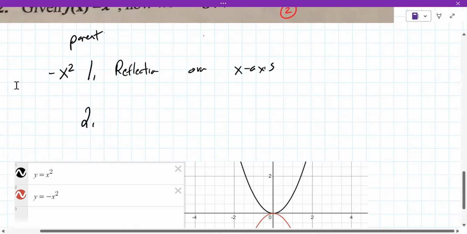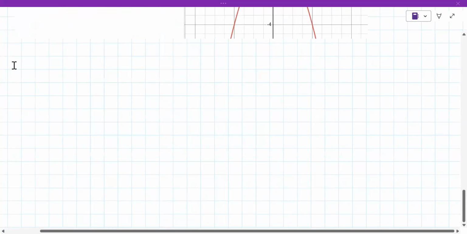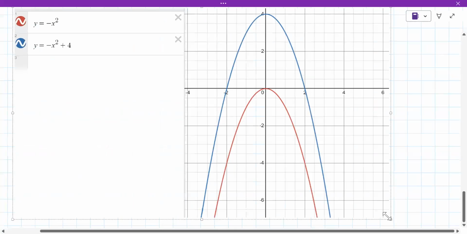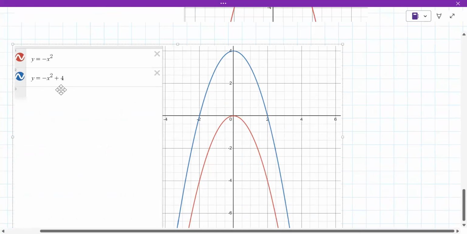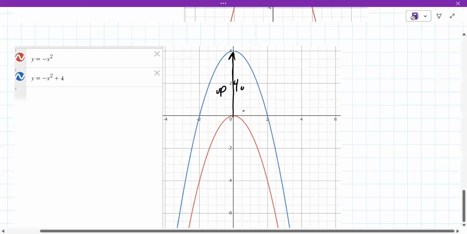Now, for this other one, this +4, here's what you can do again. I'm gonna do the graphing here again to show you that. I graphed minus x squared in red, just like before, and then minus x squared +4. Notice I'm just adding one transformation, and you should say, oh, it's just moved up 4 units.